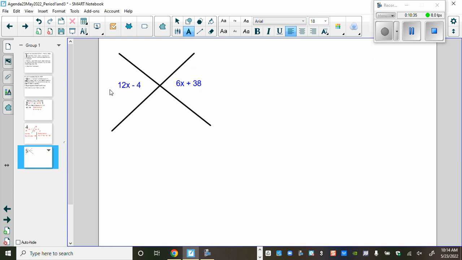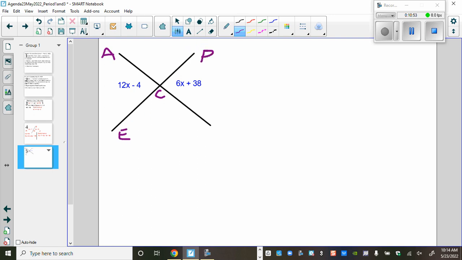In these, you have these two angles right here. Let's say A, C, E, B, C, D. All right.